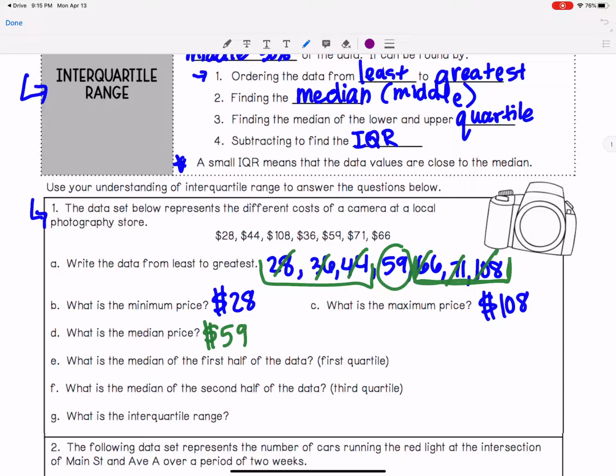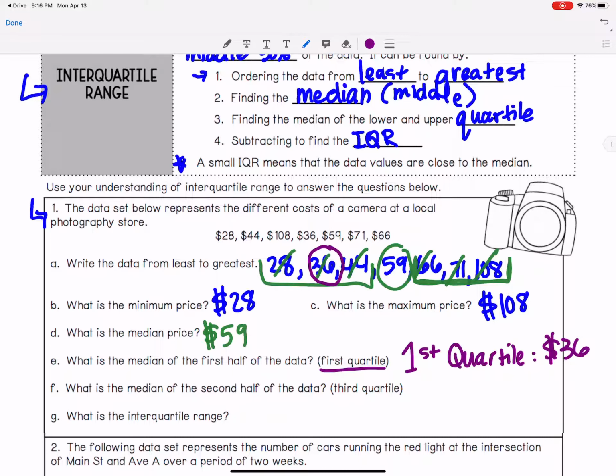So I'm going to switch colors here. It looks like 36 is our median of the first half of the data. You'll notice right here that it says first quartile. That means our first quartile is going to be $36.